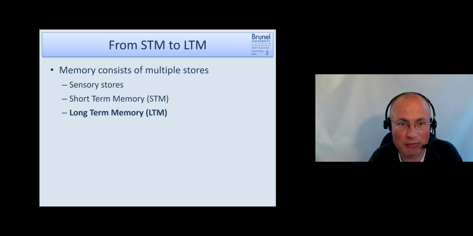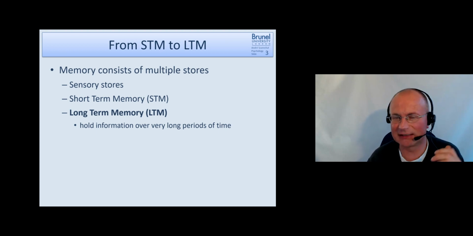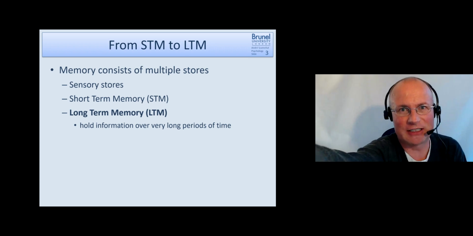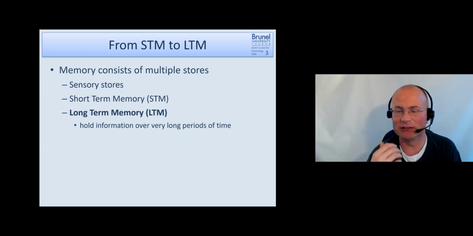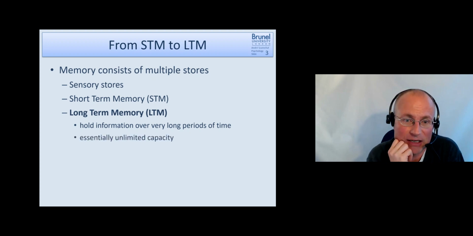And today we will talk about long-term memory, or in brief LTM. The idea of long-term memory is that it can hold information over very long periods of time. So technically for your whole lifetime, if it's relevant information and you need it again. It's assumed to have basically an unlimited capacity.